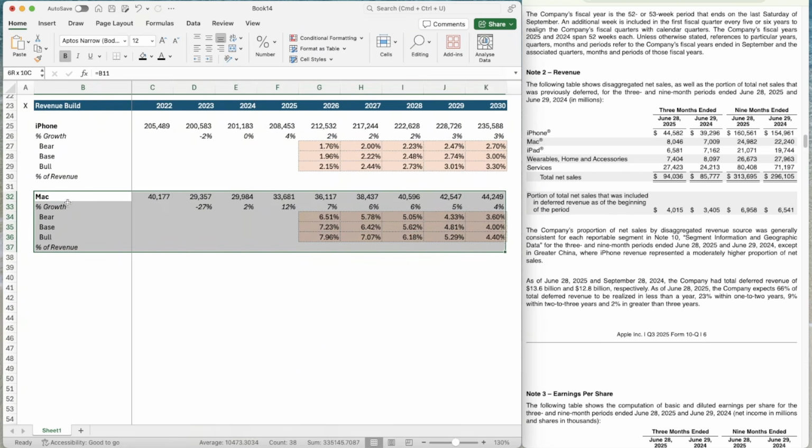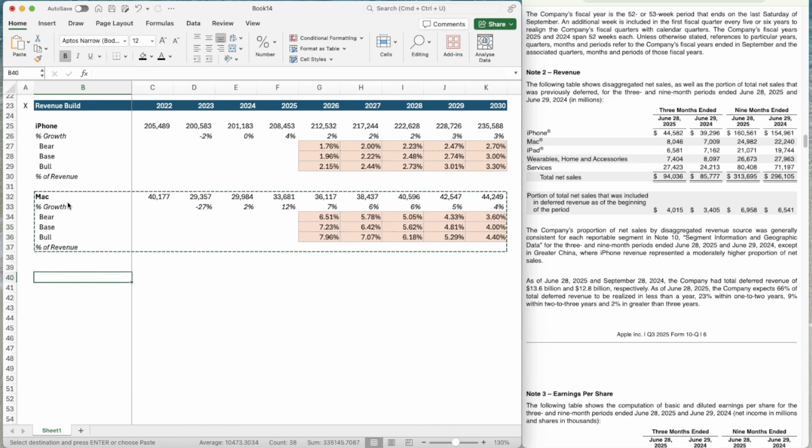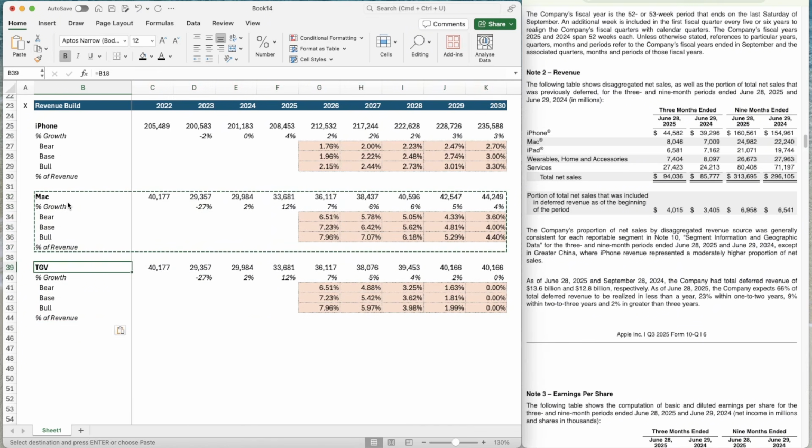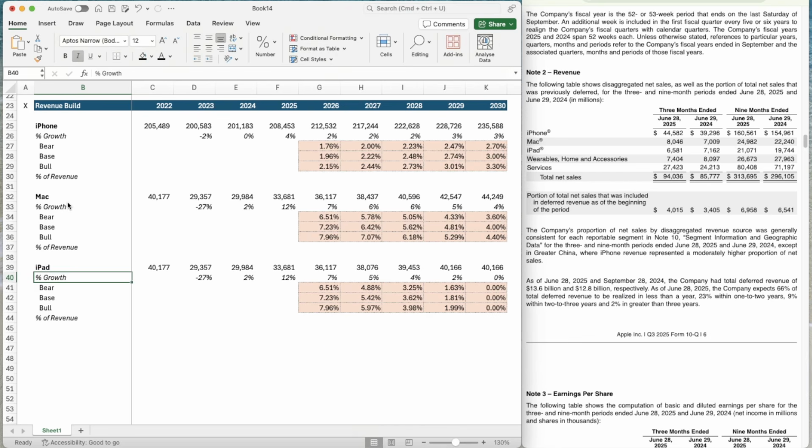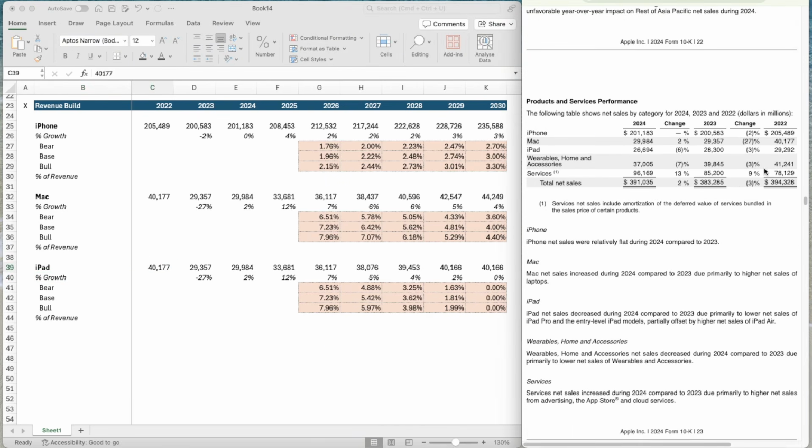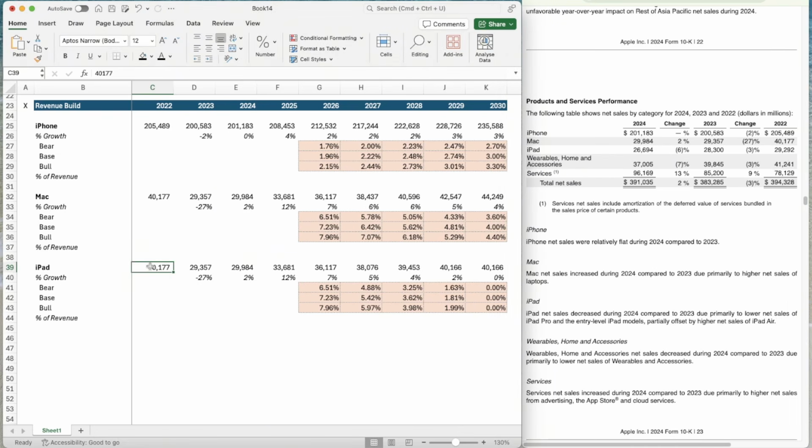Next one is the iPad. Equals B12. Okay, 29,292. 28,300. 26,694. 26,694.